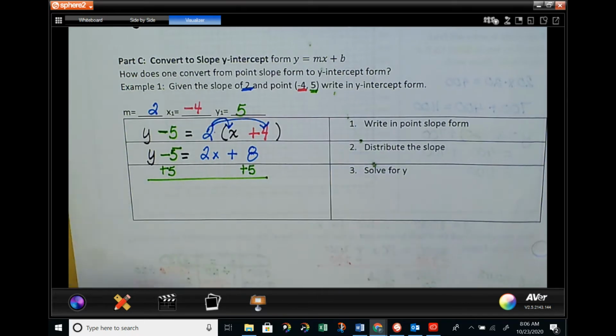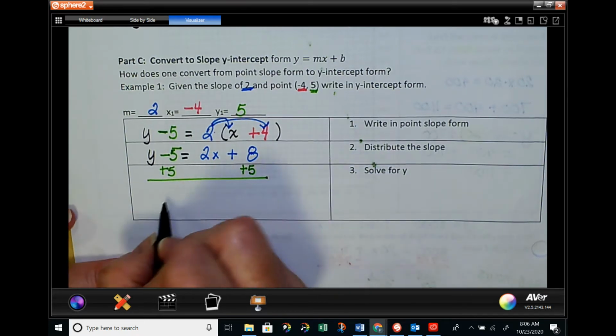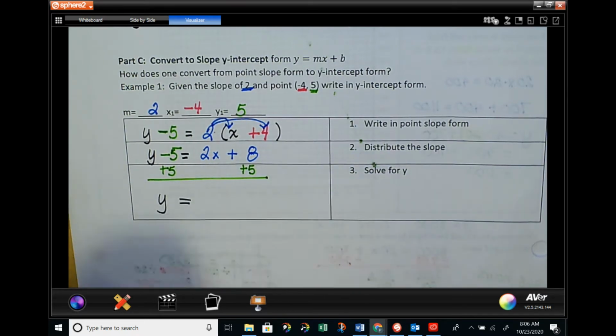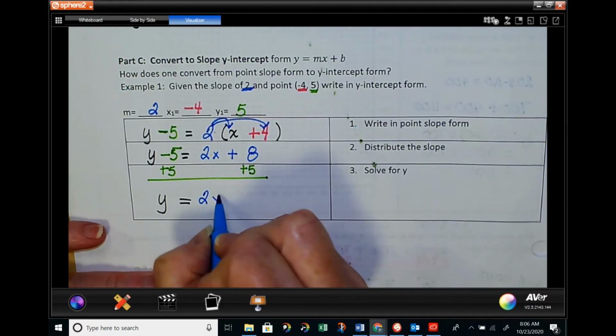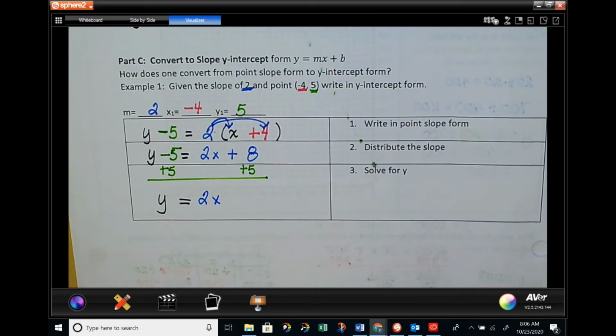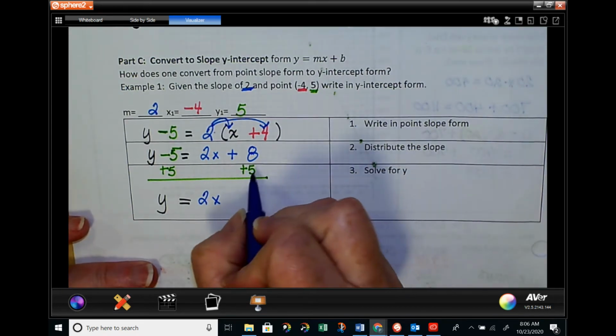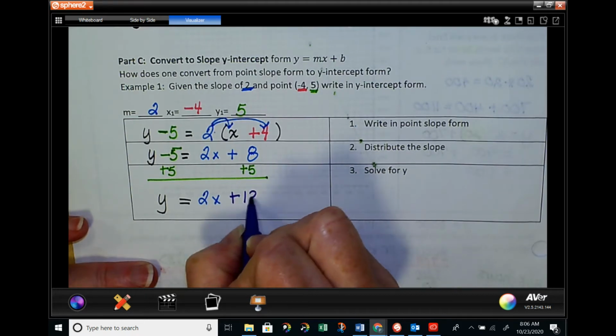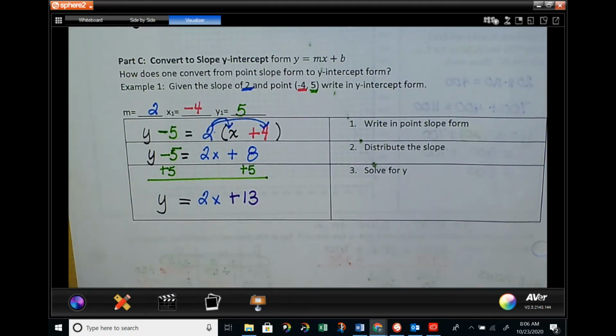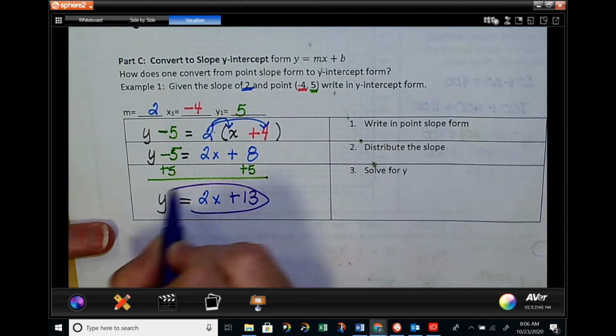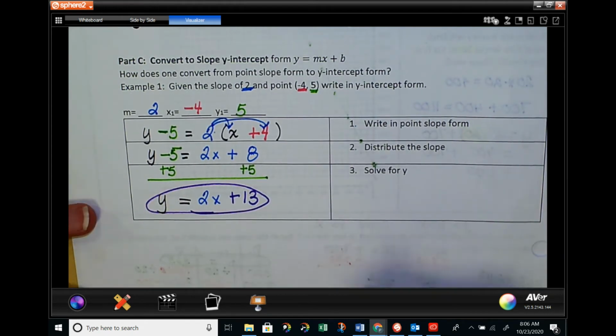So now when you go through and do that, we get y is equal to 2x, because that part's the same. And then 8 plus 5 ends up being 13. If you're not very good at your arithmetic, just use your calculator. And then this part right here is y is equal to mx plus b.